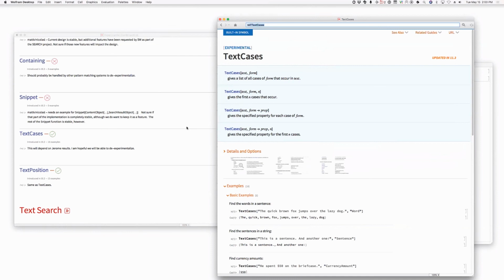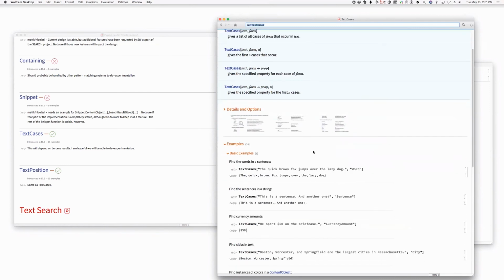There's still some asking for a different output when you have several properties. When you put form arrow prop and you put a list of properties, what is the output right now? Is it even defined what the output is right now?